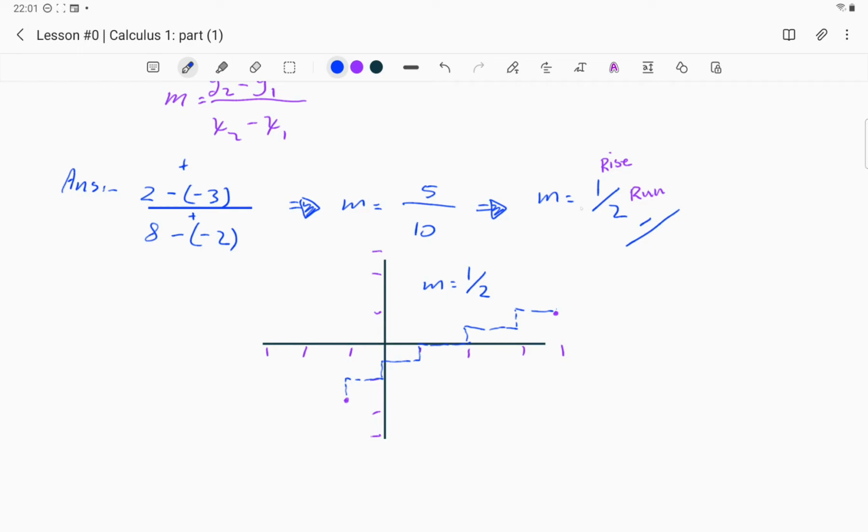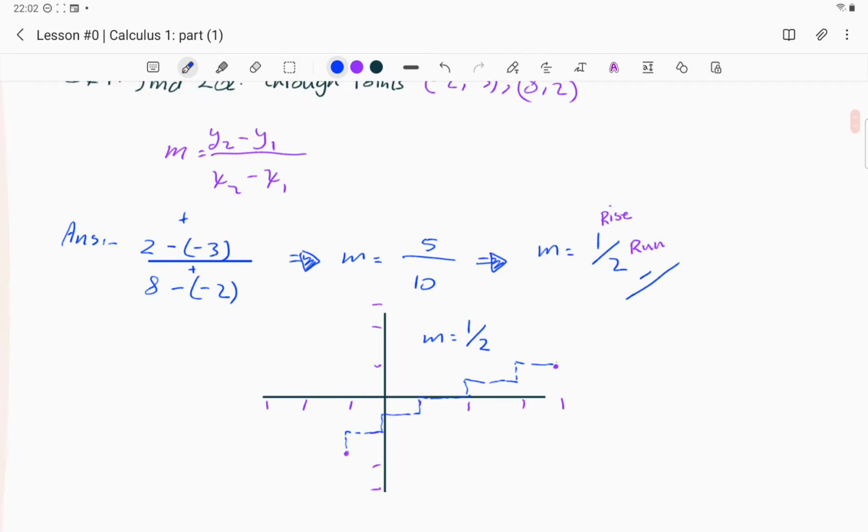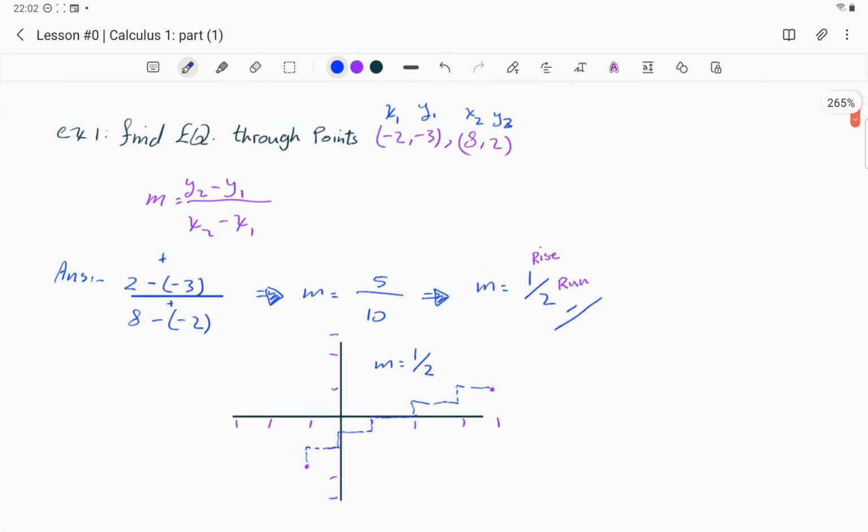If your rise is negative or the run in the denominator is negative, it goes upwards. So basically the -2 becomes -1 over 2, right? It can go up and down, but it can only go right. It cannot go left with the slope.